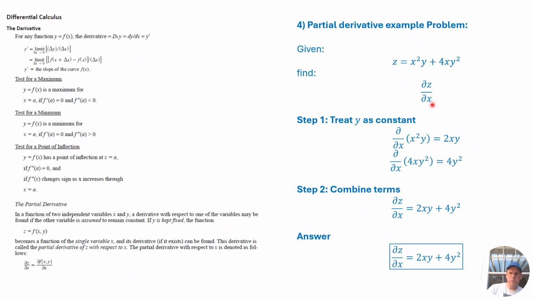So it's 2xy, and then the partial derivative of that again is 4y squared, this part here. And then combine the terms, this one plus this one, so the answer is basically that.